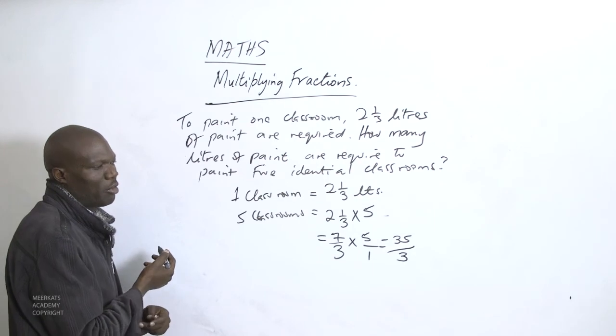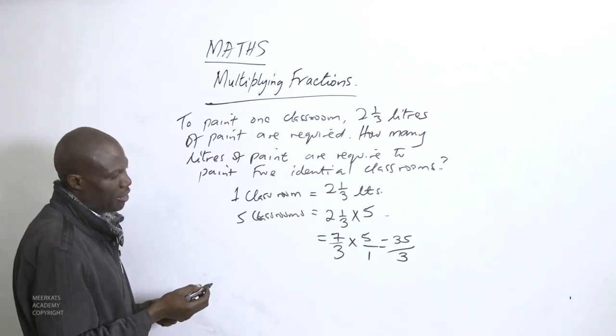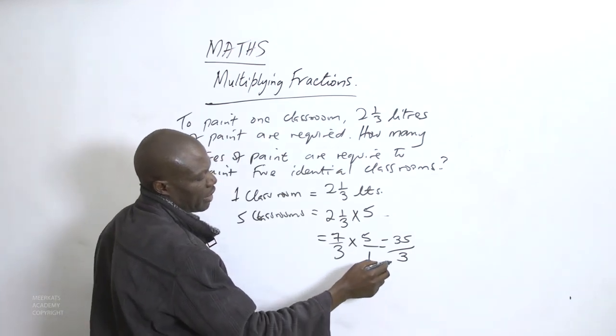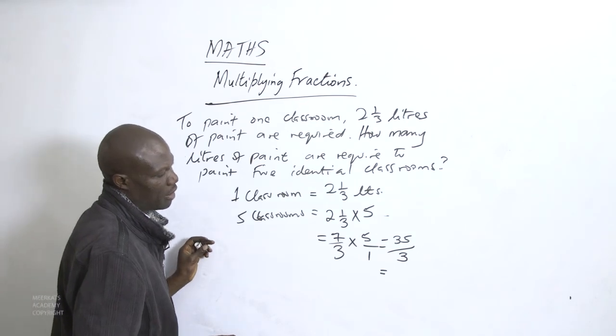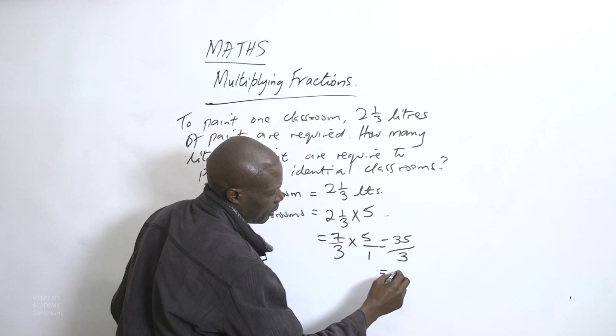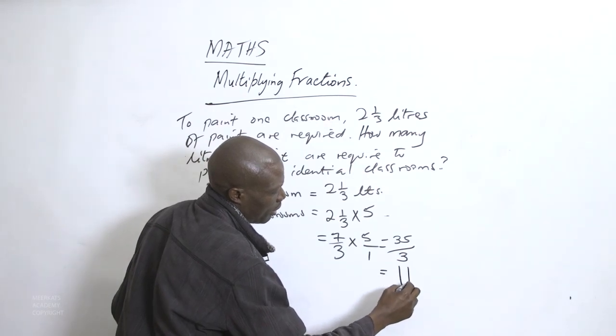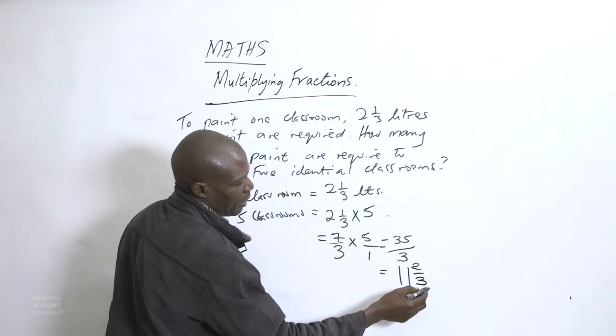From 35 over 3, it's an improper fraction, so we simplify it further. When you simplify it, you find that this is the same as 11 and 2 over 3.